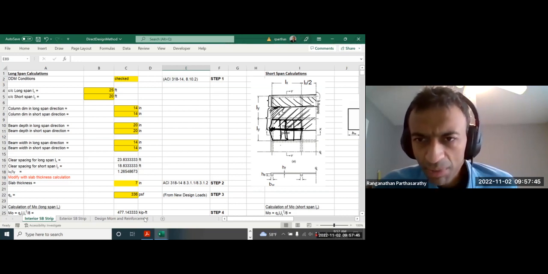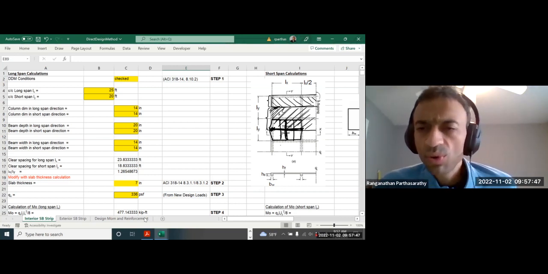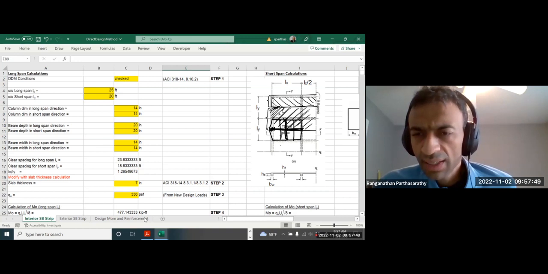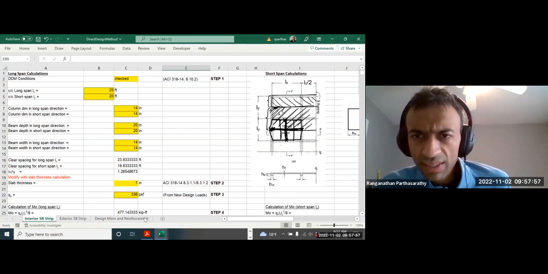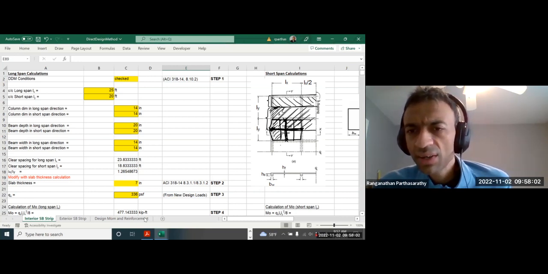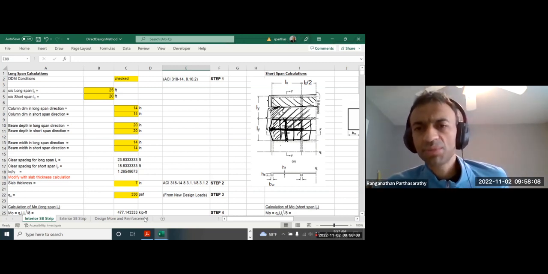But when you do short span, you have only interior negative moments on both sides. In the short span, you have an exterior column strip and an interior column strip. But for the long span, both sides are interior column strips.